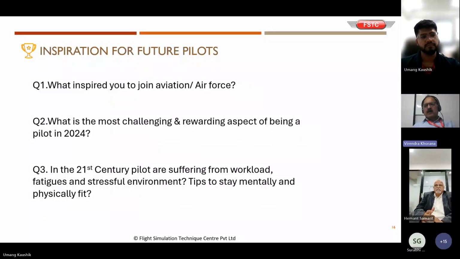I was motivated to fly fighters, basically by watching movies and reading about various wars and all that. And for me to fly fighters, the only choice was to join the Air Force. That is why I did not opt for civil flying. I gave it a try and I got selected in the Air Force. So that was the reason for me to join the Air Force.